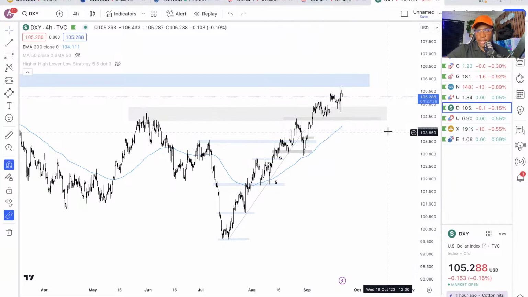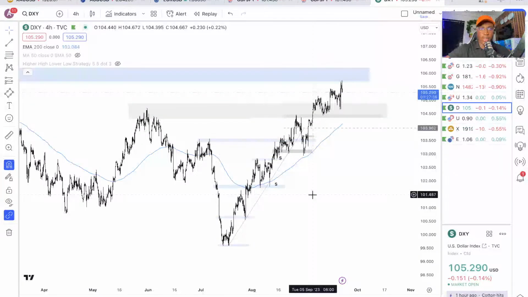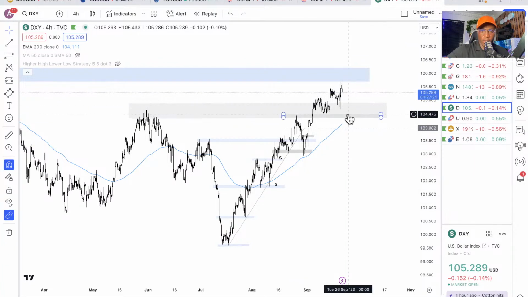All right, this took a while to load up. Like I said, as long as we keep trading above this level, we can still consider the dollar to be strong. If we get a break below 104.5, then the 103.95 levels will serve as support for the dollar, and we could start to brace up for some bearish move or for some declines on the dollar.